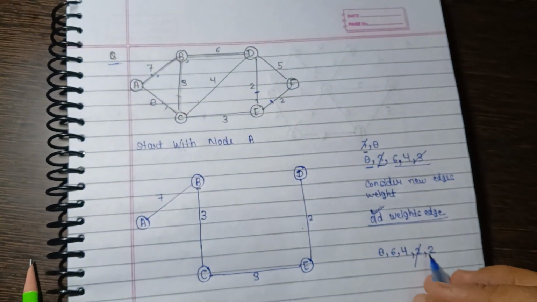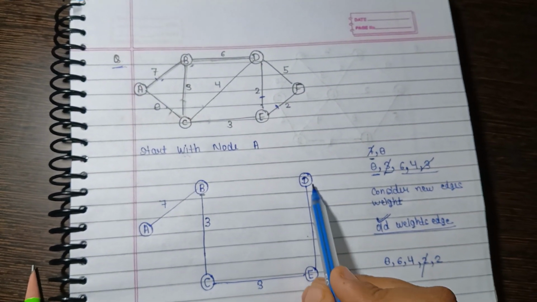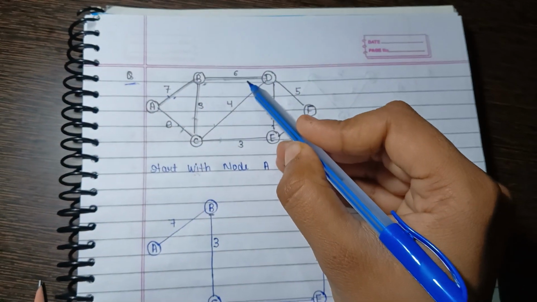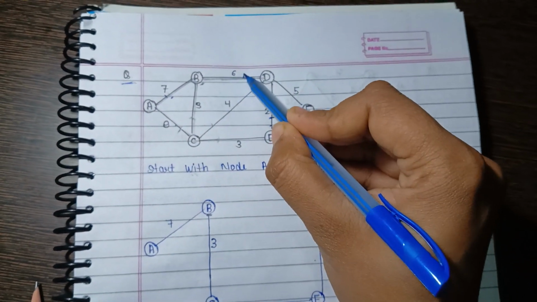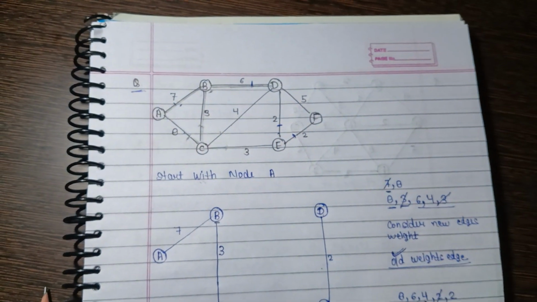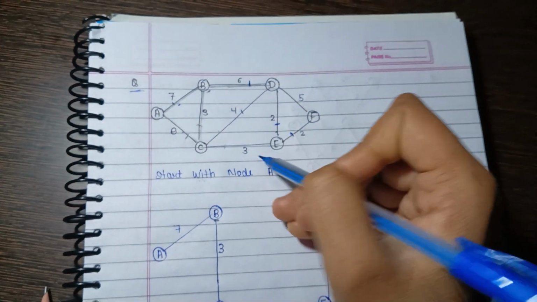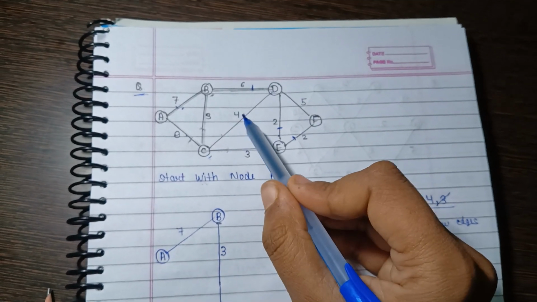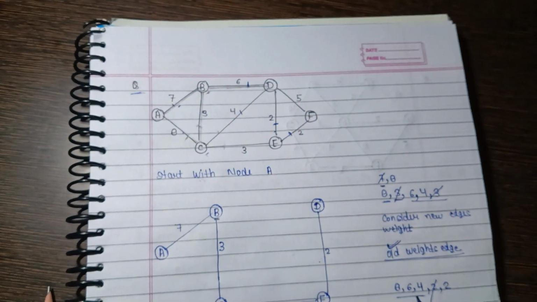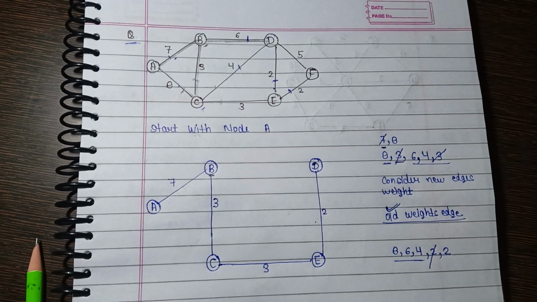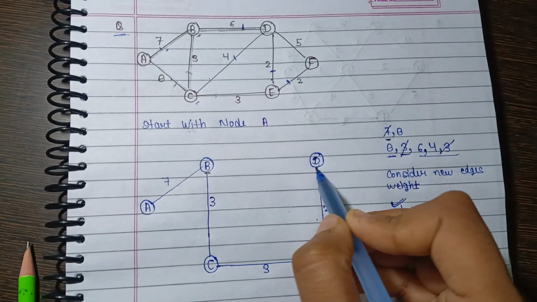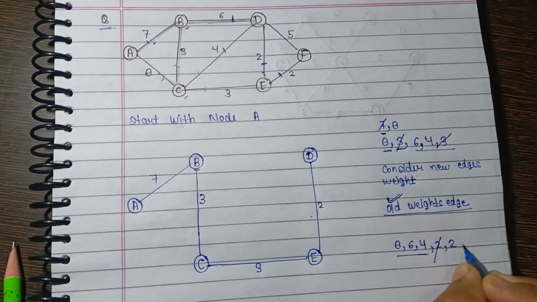Okay, now add all the edges which are connected to D. Now 6 and 4, I already used this 6, I already used this 4. When we take vertex C, we include this into our weight edges. Now add the new edges which are connected to D to our left side.